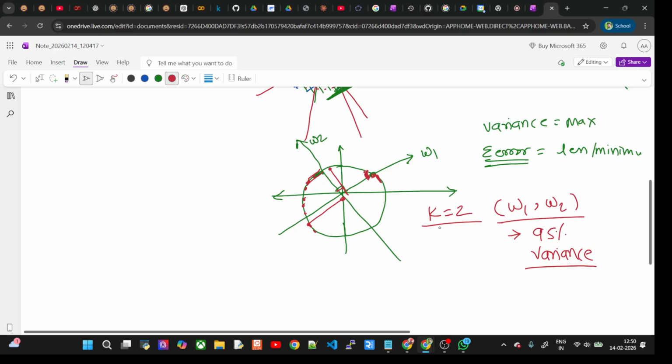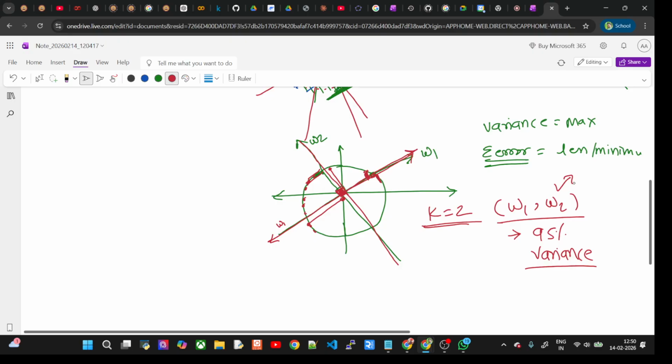Not 4, because this is the same direction, W1. This is one more direction, W2. So you don't need to calculate one more W1, because it's the same. So we consider only W1 and W2, the two directions which give the maximum variance.